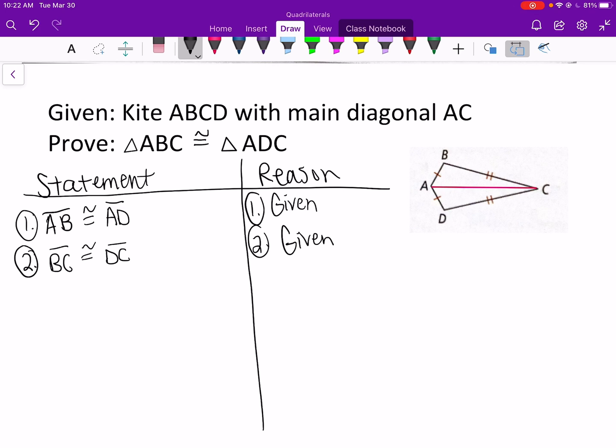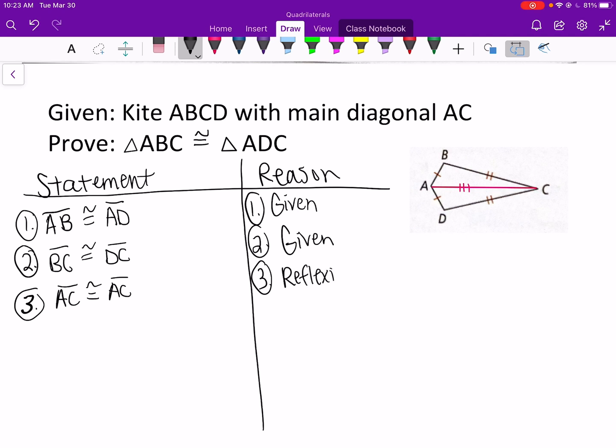If you look at the triangle at the top and the triangle on the bottom, so we're looking at this triangle and this triangle, you can see that they share a side, that side in the middle, which is AC. And obviously, AC is congruent to itself. So AC is congruent to AC. Mark that in my picture. And we know that because of the reflexive property of congruence.